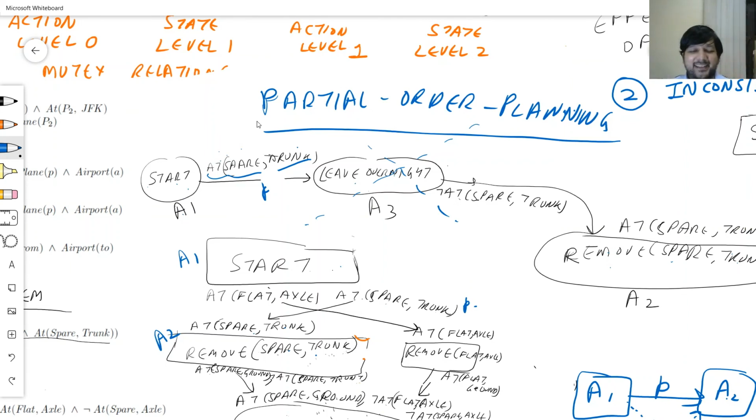When I started teaching, I used to spend a whole lot of time teaching partial order planning. Look at it now. I'm more a fan of graph plan as compared to the traditional partial order planning, because the days of partial order planning are not really there now, since constraint satisfaction problems used in the planning graph have reached that kind of sophistication.